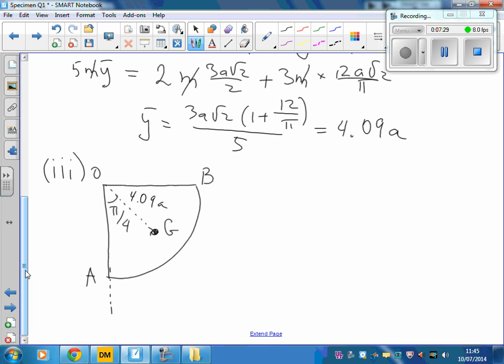The maximum angular velocity of the boat is achieved at the lowest point. So when G is vertically below O, this position. So if we label it as G dash, say, that's the situation here with the center of mass.